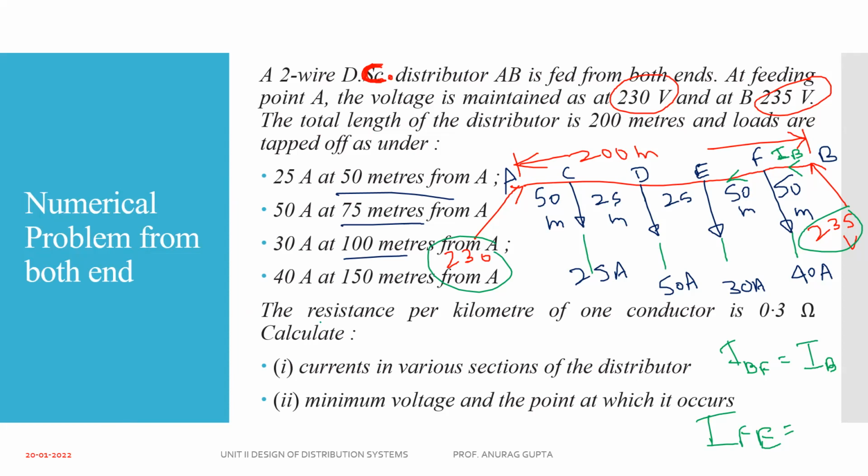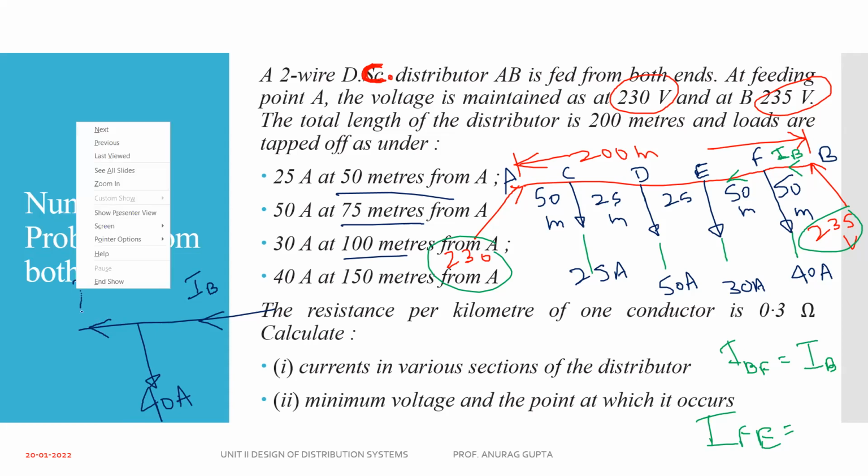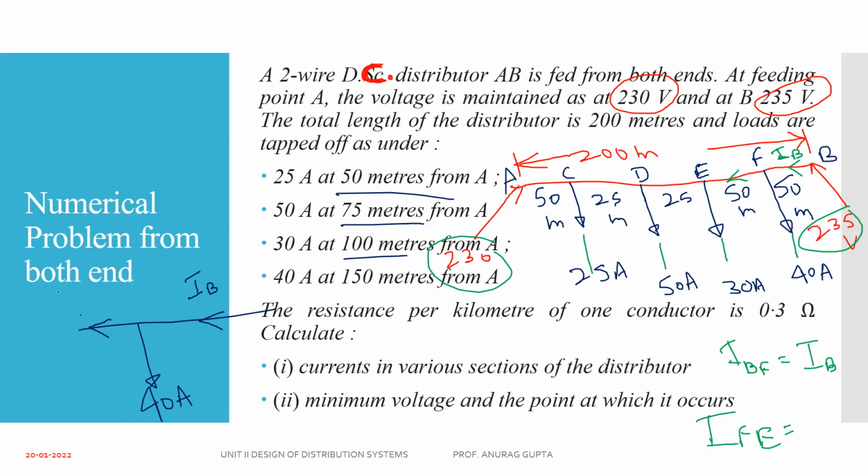Okay. If the current flowing from here is IB, and I'm taking 40 ampere here, what is the current in this branch? IB plus 40. What will the current be here?